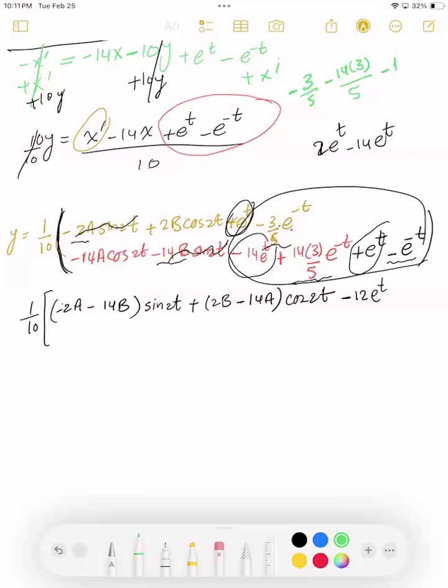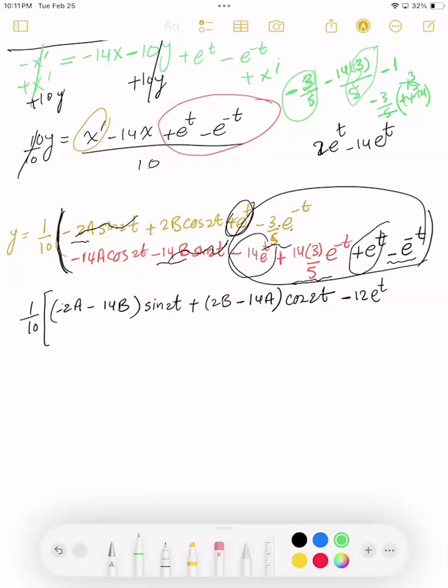What I did here, because I see they both have a 3/5 common factor, is I factored the negative 3/5 from both of them. If I factor a negative 3/5 from this one, I get 1. If I factor a negative 3/5 from the other term, I get positive 14. 1 and 14 is 15. 15 and 5 are reduced, I get 3. 3 times negative 3 is negative 9.